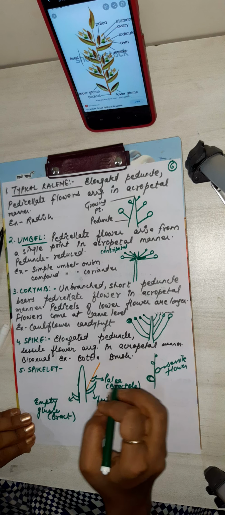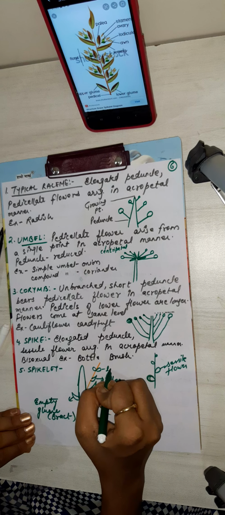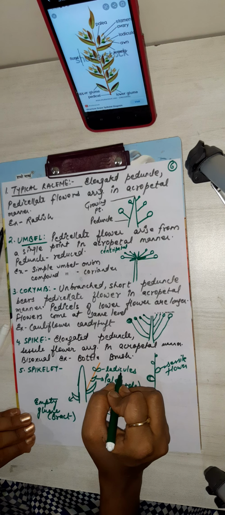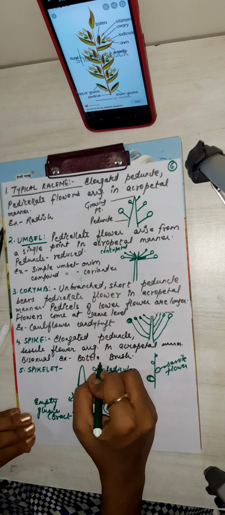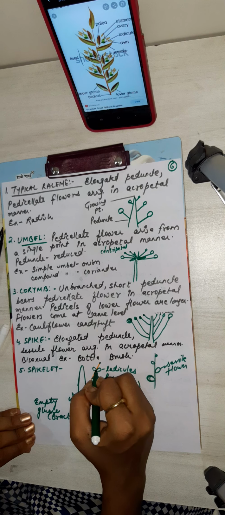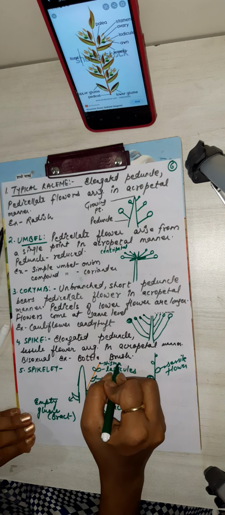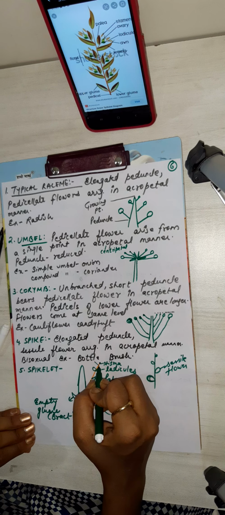Bracteole, and then I will draw a lodicules. Lodicules and stigma, ovary, stigma. Okay, and what else? 3 stamens.